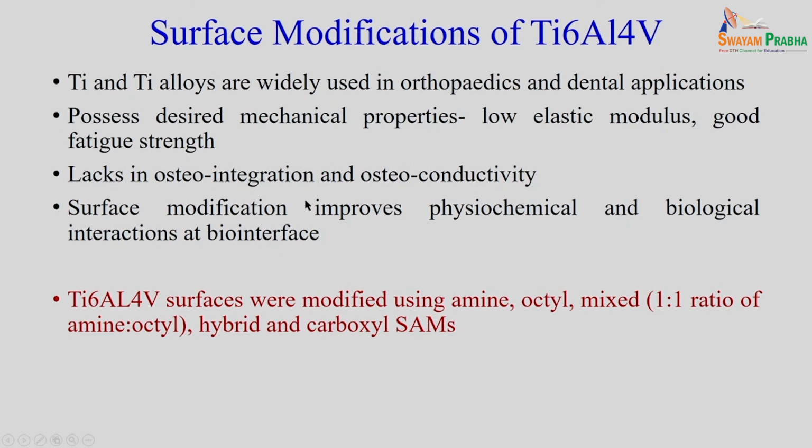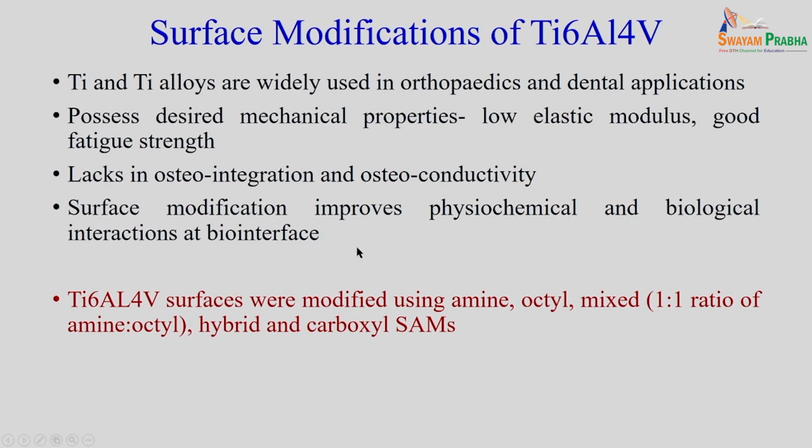So, how do we improve these cell surface interactions? One way is to apply a different coating or modify the surface. The surface modification improves its physicochemical as well as the biological interactions at the biointerface.